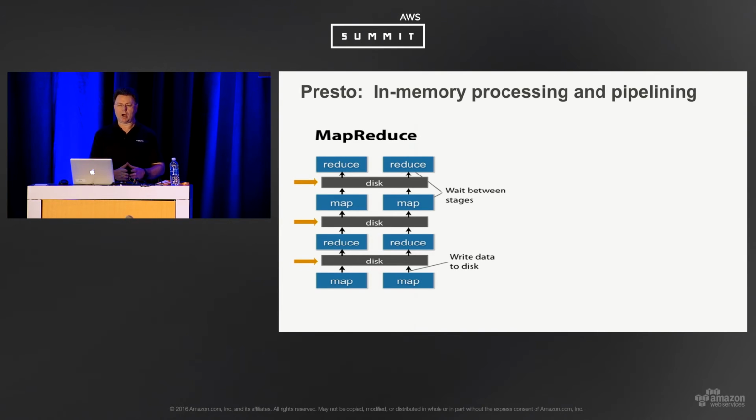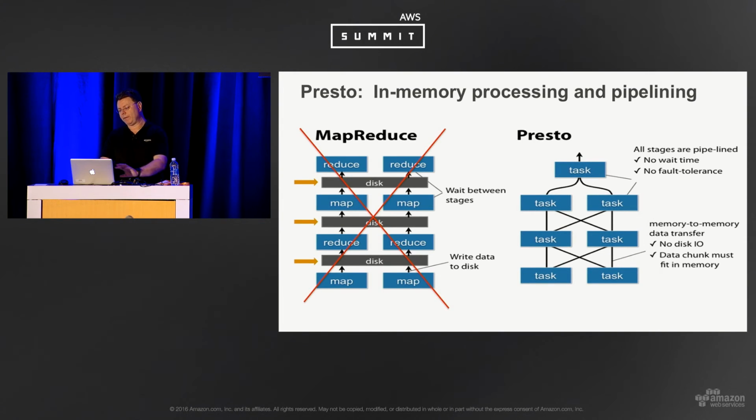And this causes not only slower latency, but it also means that the reduce step is waiting for the map step to complete. So there's extra time wasted while the reduce step sits there and waits for the map steps to finish.